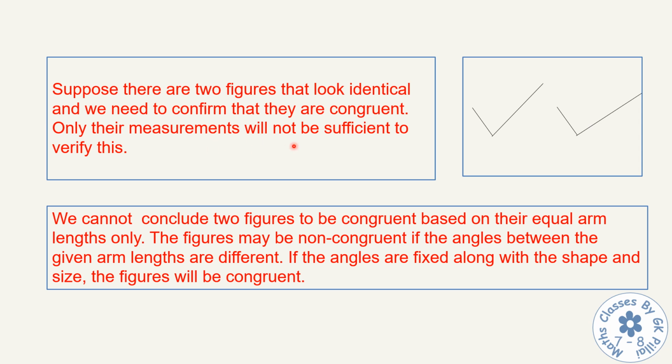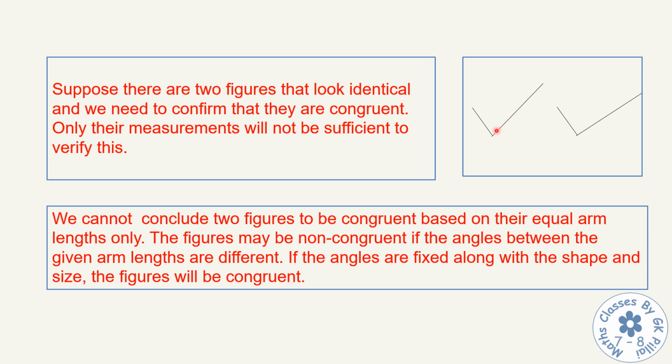Only their measurements will not be sufficient to verify this. Only the measurements means the lengths. Suppose this length is 2 cm, this is also 2 cm. This is 4 cm, this is also 4 cm. Then you may decide these two to be congruent, but it is not so.